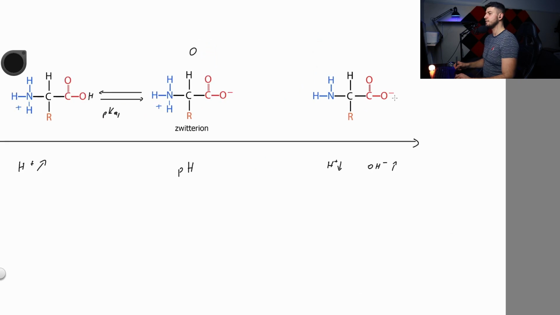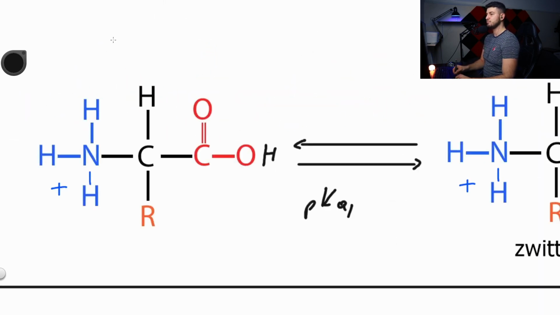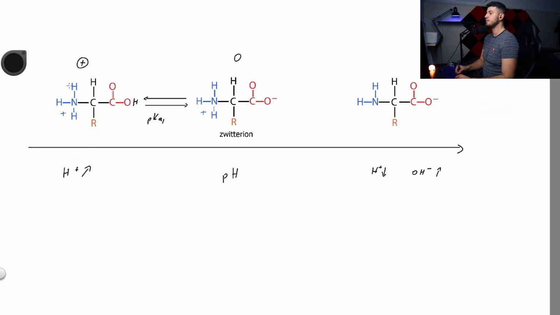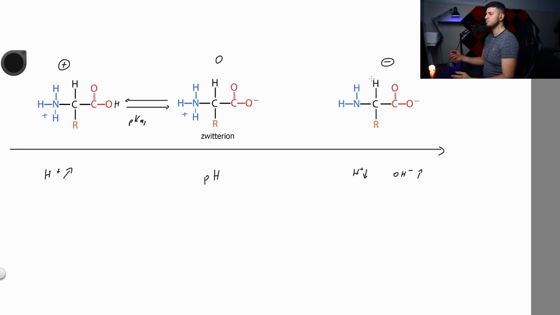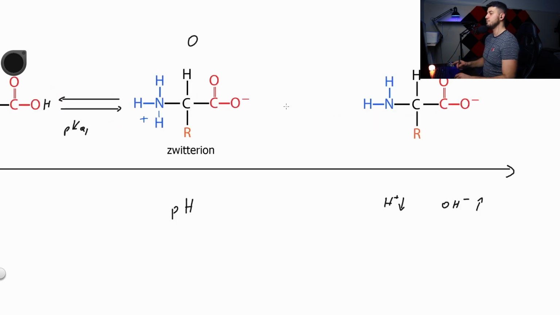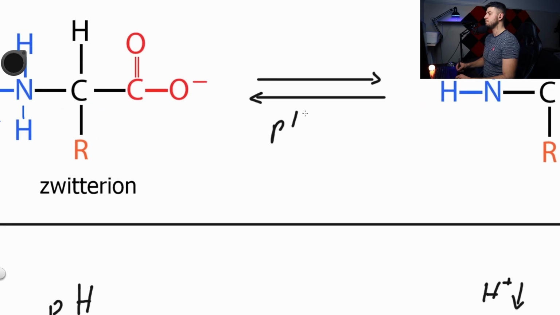That's also an important thing. Previously, the only charge left here was positive. Here, it's negative. And similarly as before, we'll also have this equilibrium. Let's write it down. And also some K, so also pK. Let's call it pKa2, for example.